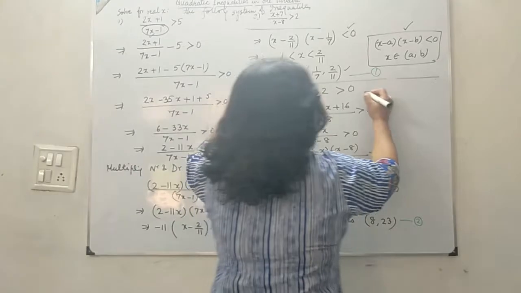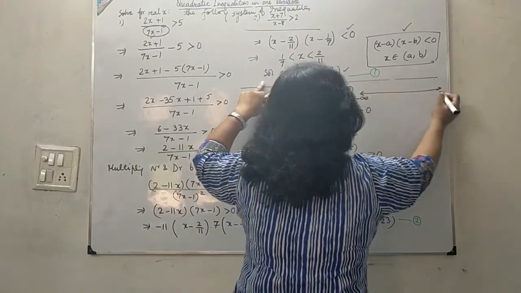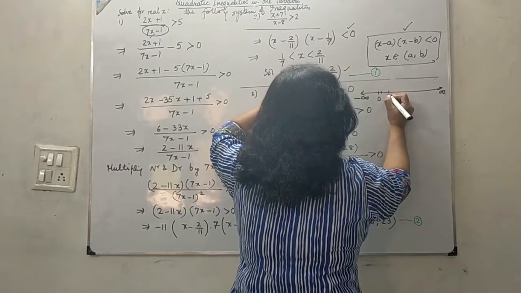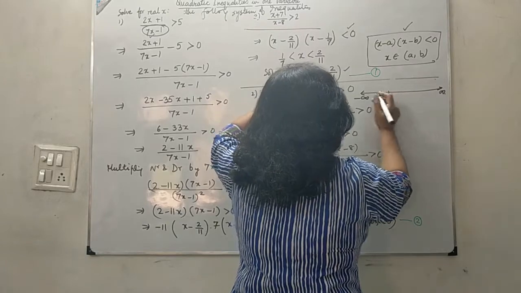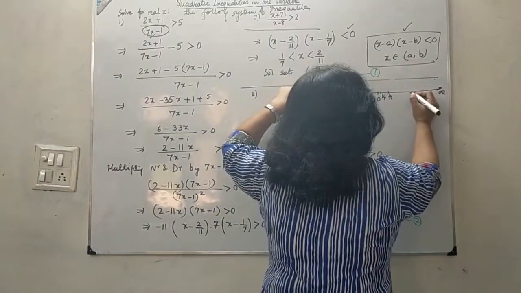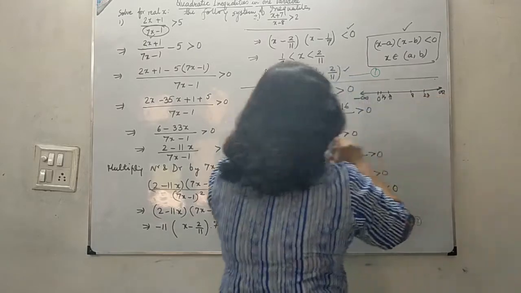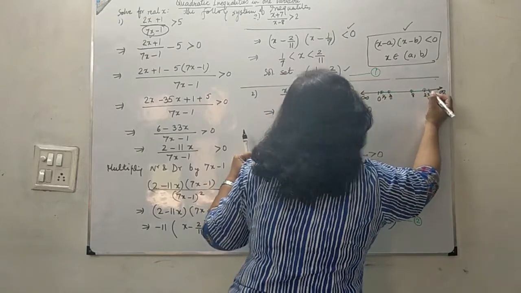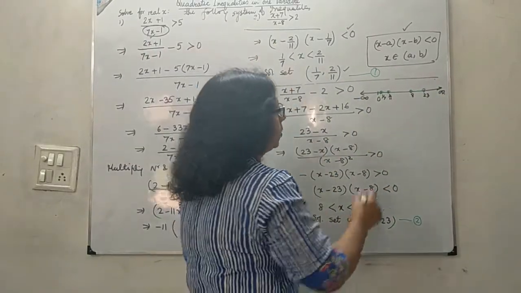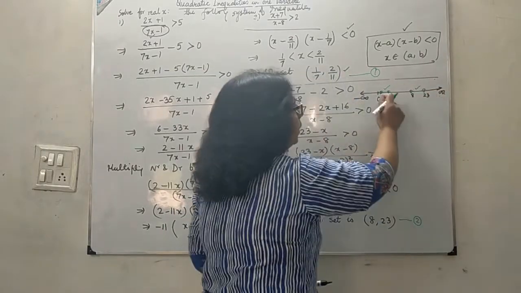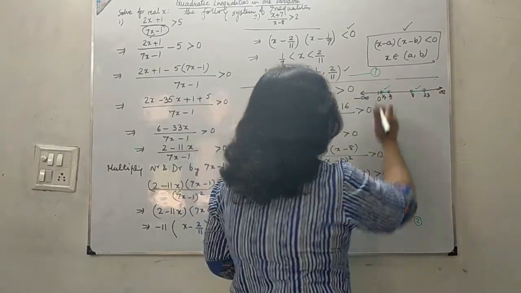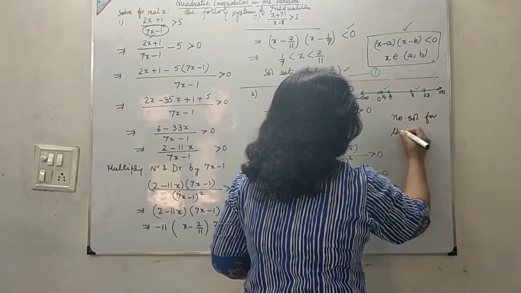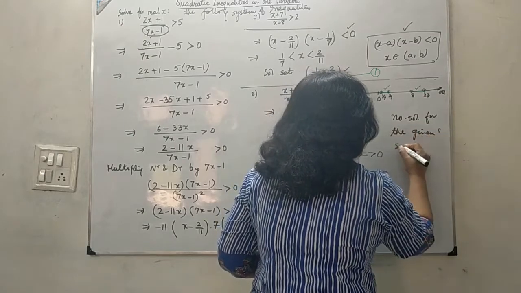See this, we have one number line with 1/7 to 2/11, this is say 0, this is 1/7 and 2/11, I am representing, although they are very small numbers, and 8 and 23 will be somewhere here. So the solutions are lying between this and this, because we are solving the system of inequalities. So there is no such number which is satisfying both 1 and 2. So there is no solution for the given system of inequalities.